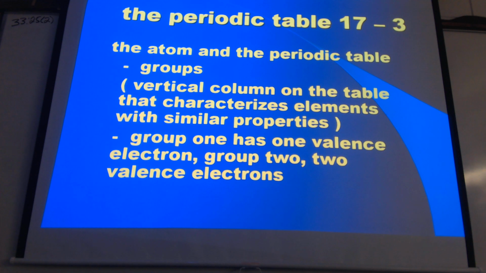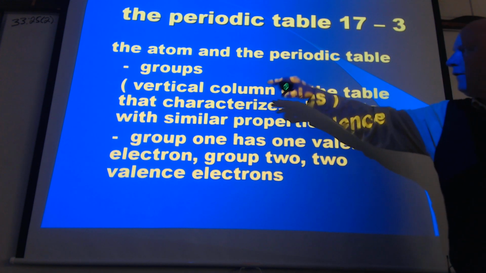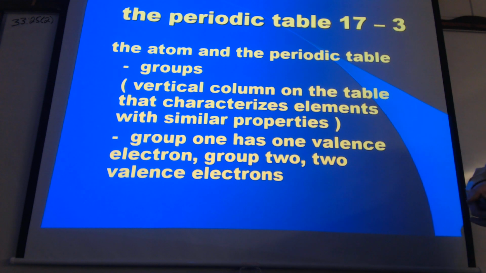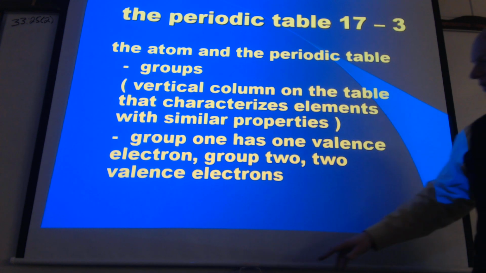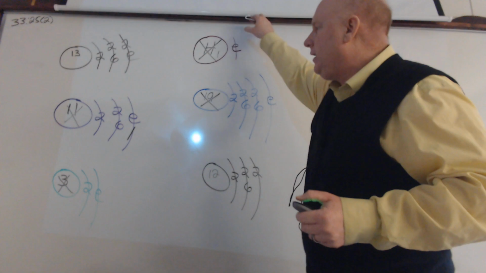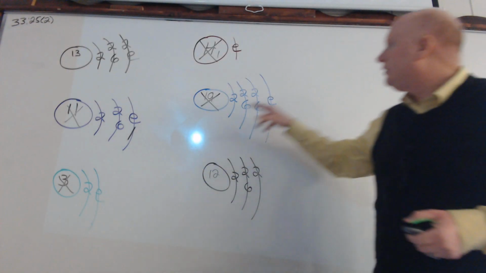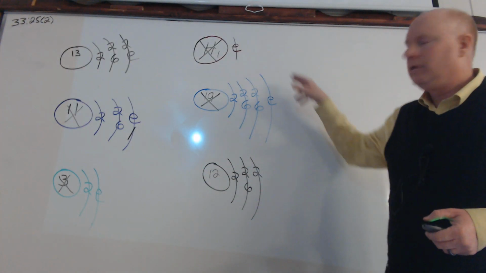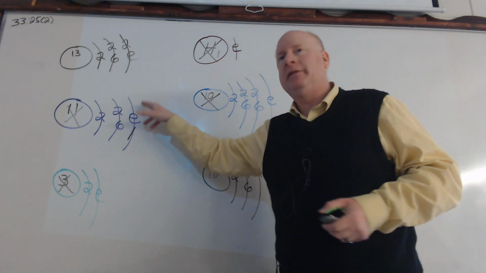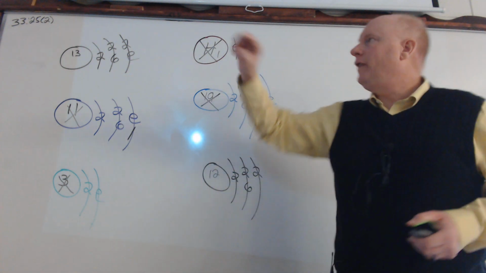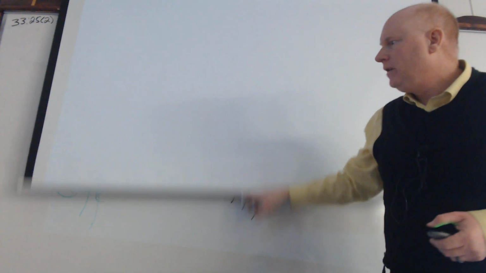Just like what we had up on the board, look, groups are vertical columns on the table that characterize the elements with similar properties. Why do these have similar properties? What did we say they all have in common? They have one valence electron. So that's what we mean by a group. Hydrogen, lithium, sodium, and potassium. They're all in column 1.